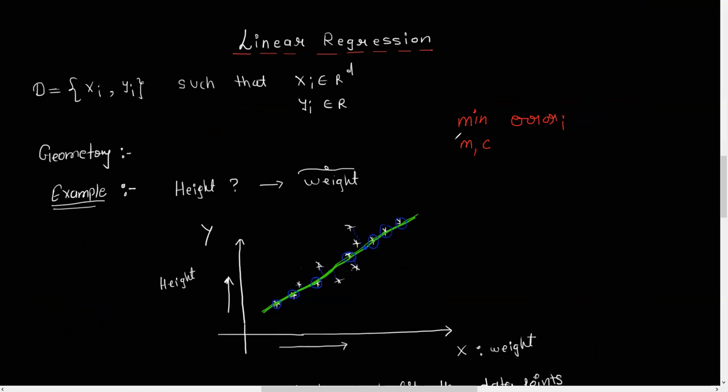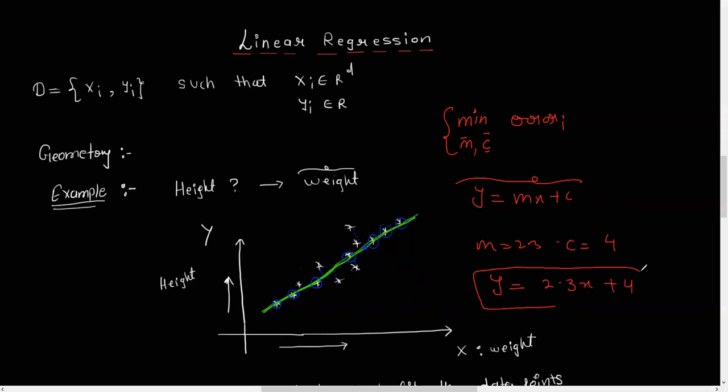And if we can find m and c, we can say y equal to mx plus c. Suppose I got m equal to 2.3 and c equal to 4, so I can construct a function 2.3x plus 4 and give this function to my user, and if he puts in any value of weight, he will get the height. That is actually the regression thing.